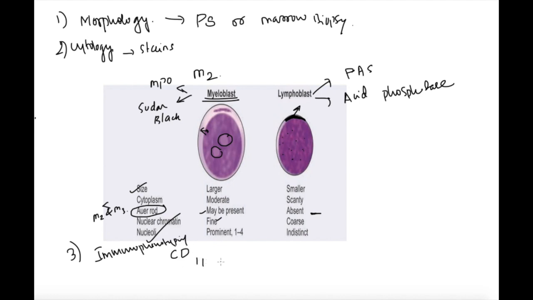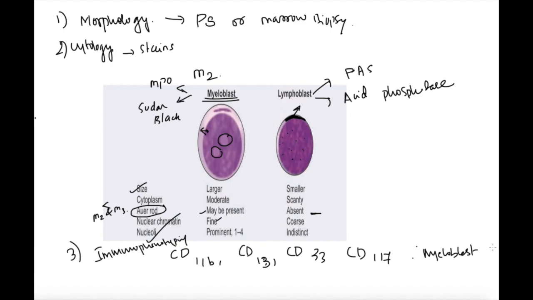So CD11b, CD13, CD33 and CD117. These are the CD markers on a myeloblast. Again, CD11, CD13, CD33 and CD117.